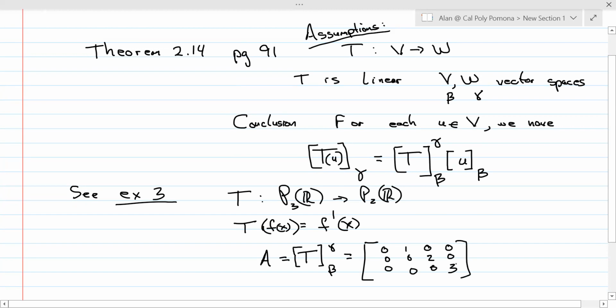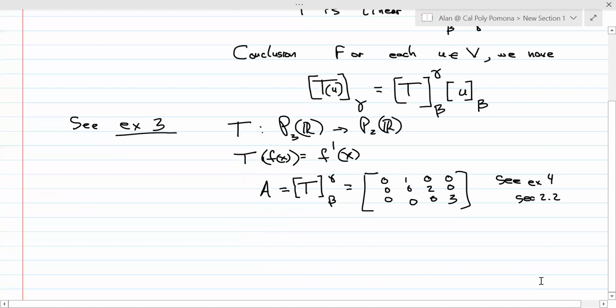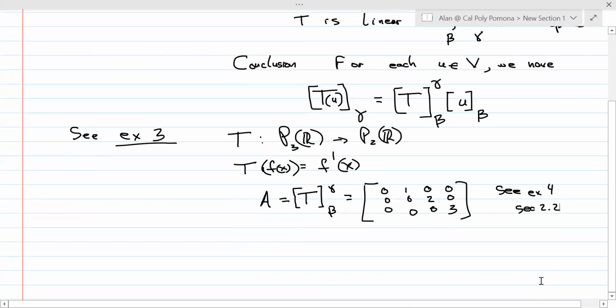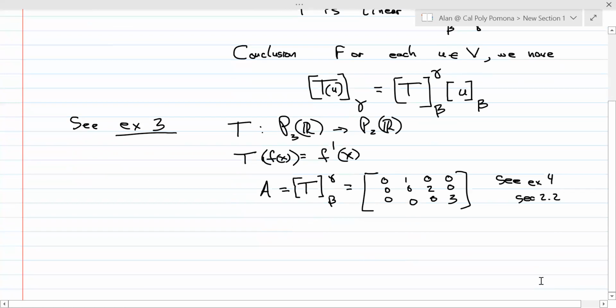They refer you back to example 4 of section 2.2. But I don't think we actually need to spend much time doing that, because just to quickly recall what we're doing, beta, the standard basis in here, would be 1, x, x squared, and x cubed.